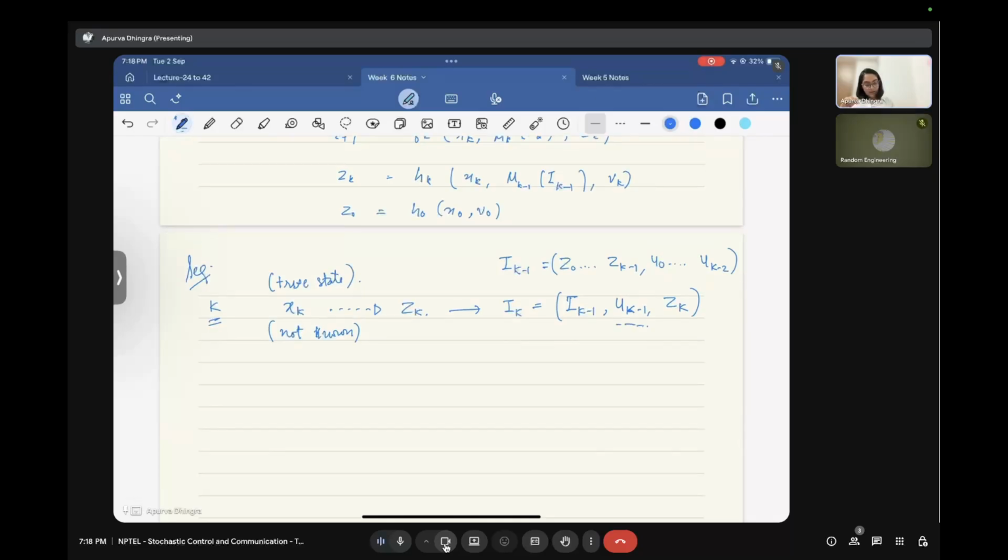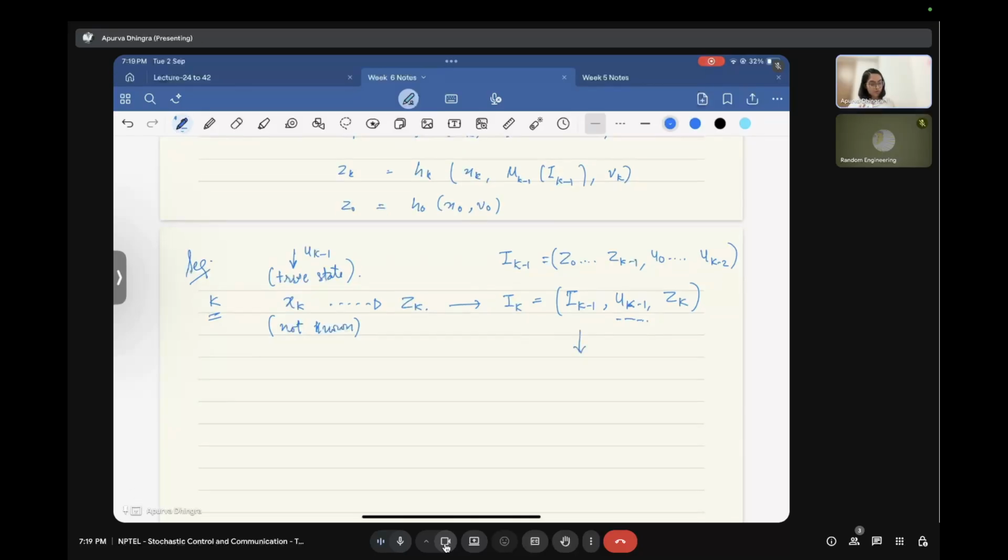uk minus 1 is the action that would have taken us to this state, but that happened in the previous time step. So now this part is done. The information is chosen. The next step is the action. So some policy will get us the action, and this action will be uk. Based on this action, the next state will be realized, and the cycle repeats.